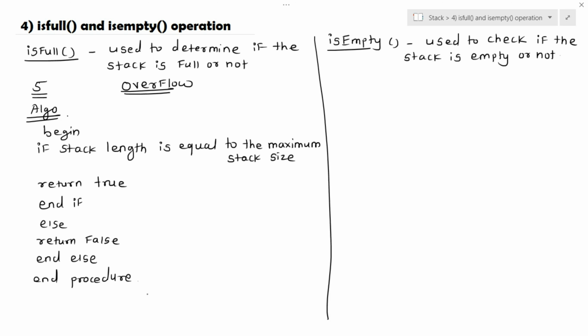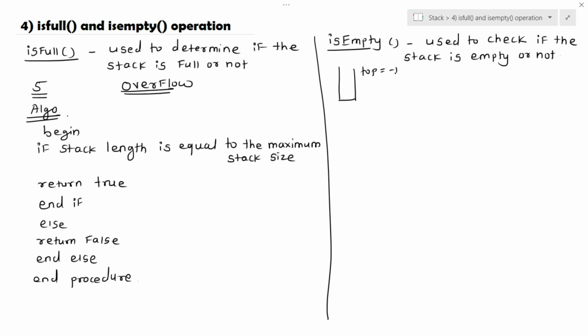Again, if the condition is true, meaning the stack is empty, then it returns true, otherwise it returns false, same as isFull. Let's consider a stack and this stack is empty. We remove all the elements of the stack, and now the value of top is equal to -1, because in the previous lecture we already discussed that top equal to -1 means the stack is empty.